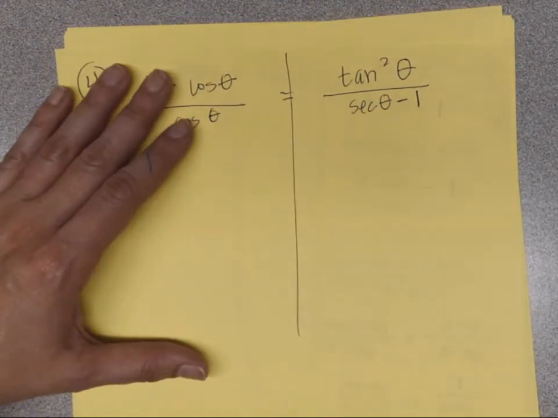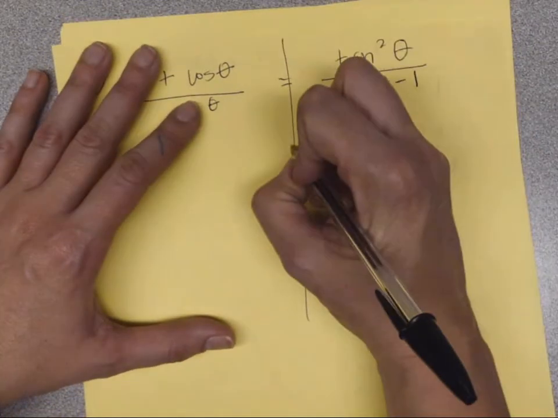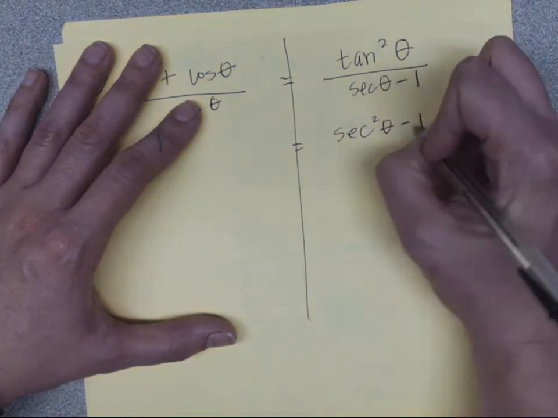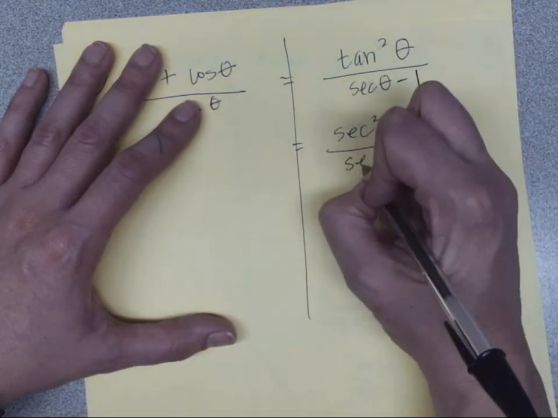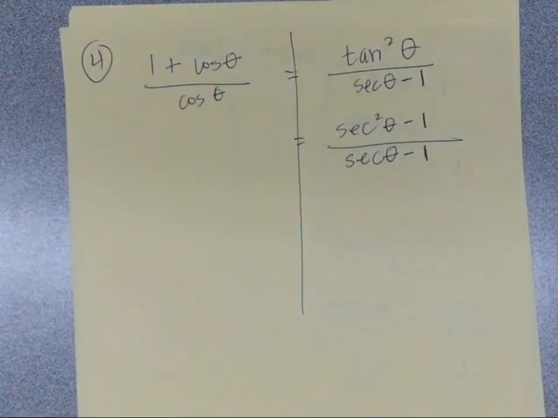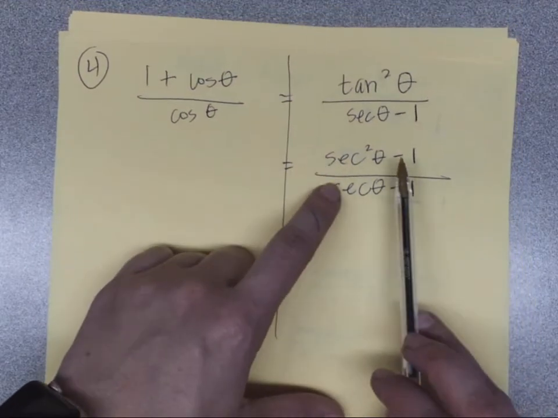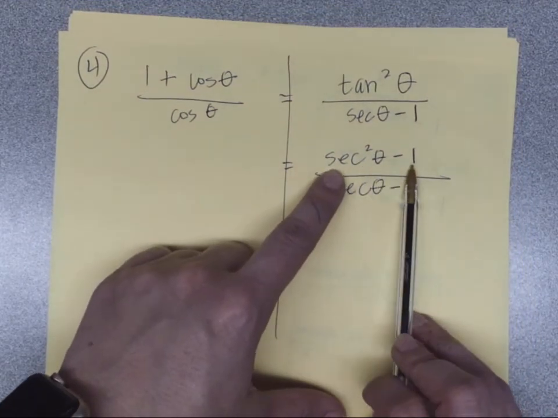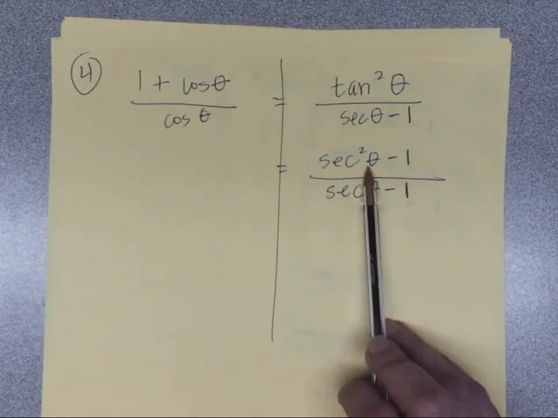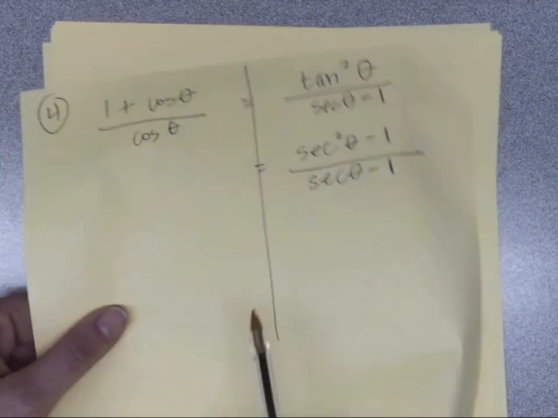So I know that tangent squared is the same thing as secant squared theta minus 1. On top, on bottom, it's still secant theta minus 1. From here, I hope you recognize this secant squared theta minus 1. It is a Pythagorean identity, but I also hope that you recognize that it is a conjugate, or the difference of 2 squares.